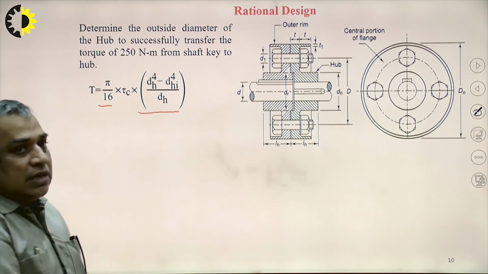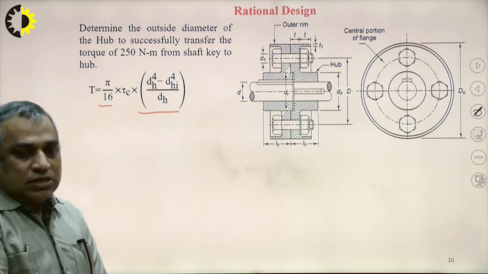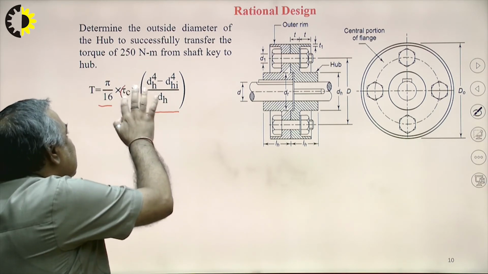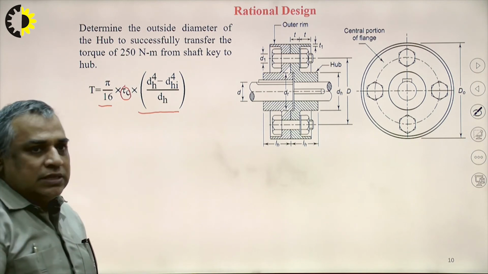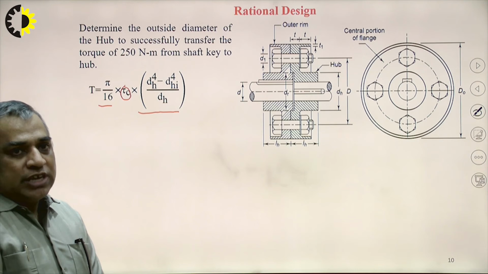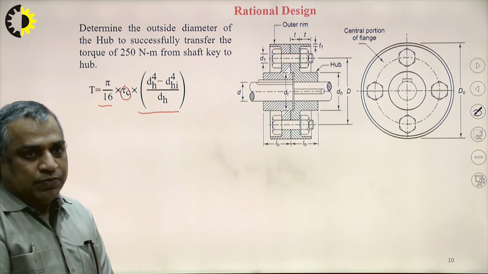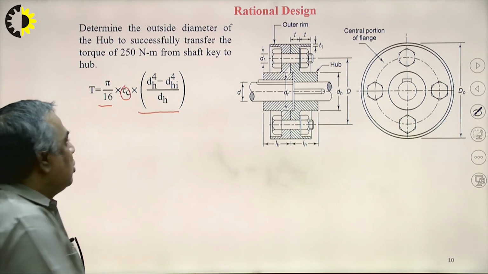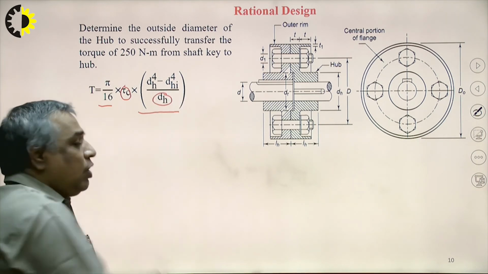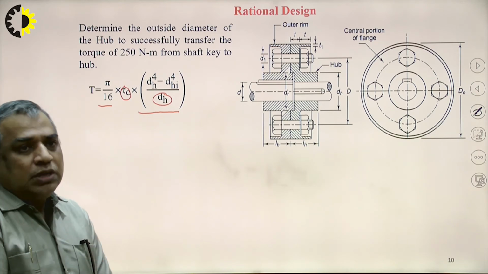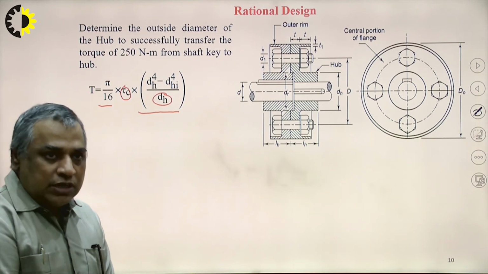This is the polar section modulus of the hollow shaft, multiplied by the permissible shear stress. This will give the maximum torque which can be transmitted by a hollow shaft. So here DHi is equal to the shaft diameter. We only require DH. And the torque is given as 250 Newton meter, that will be 250 into 10 to power 3 Newton millimeter.